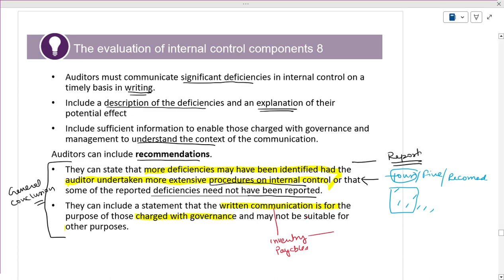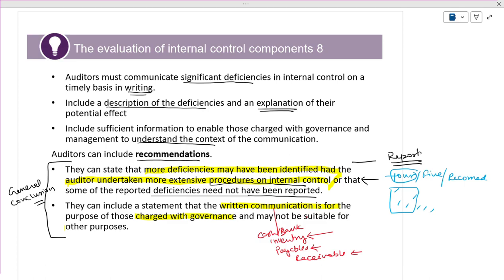We are asking only for inventory, only for payables, only for receivables. It applies only to receivables. It may not be suitable for other purposes. We are asking only for cash and bank. We cannot use this written communication for any other purposes or any other audit procedures.